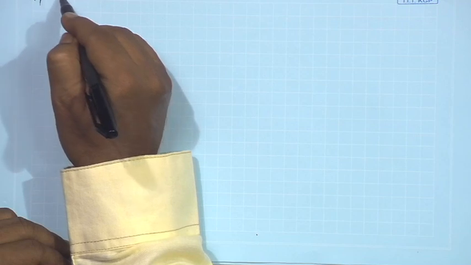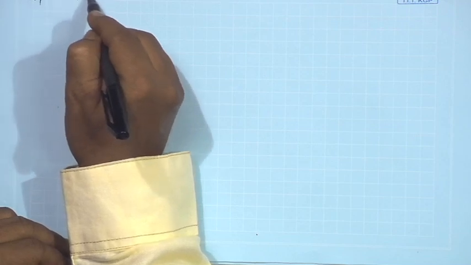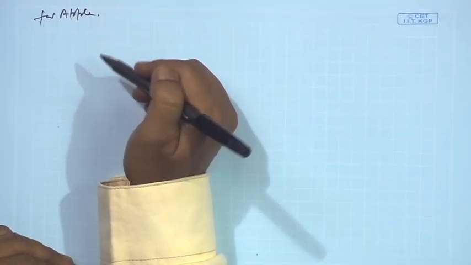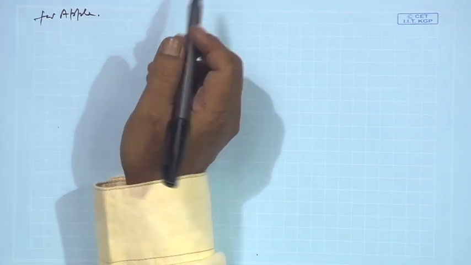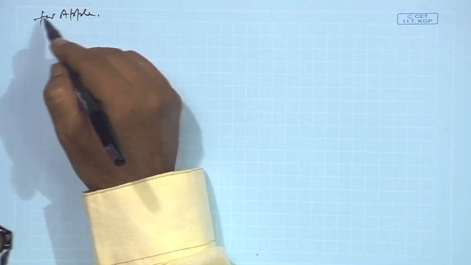We also have to do the same thing for the apple sauce. So, for apple sauce, the same thing we have to do for 500 and 5000.